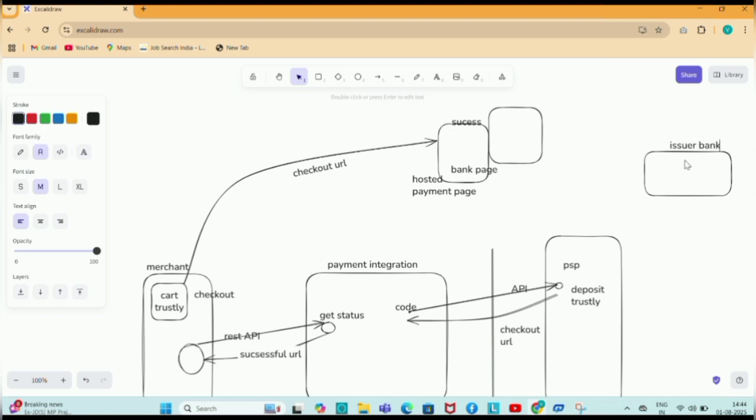So this hosted page and the Trustly page both interact with a bank. So here we write code in the issuer bank. The customer's bank is called the issuer bank. So this bank redirects to the URL, and the customer goes to the bank page.